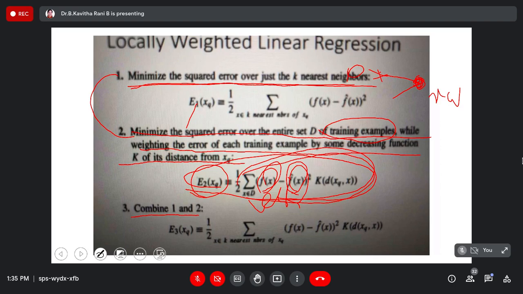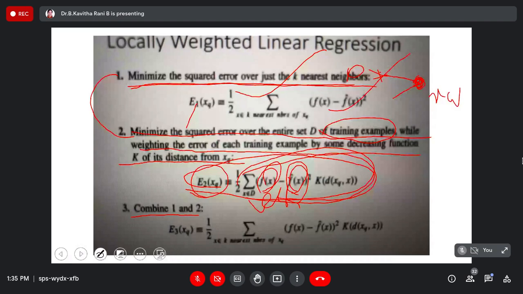Initially, in this case, we calculated the prediction error only for the k nearest neighbors. Next, we calculated the prediction error for all the training examples by associating some weights to each instance based on the distance from the new instance.